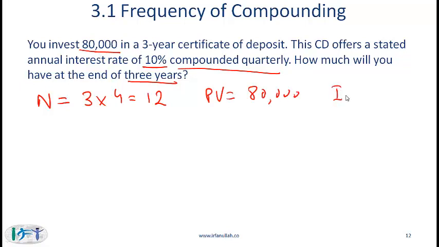What about the interest rate? If we are using 12 periods, then we need to look at the interest rate for each period. The stated annual rate is 10%, which means that the interest rate per period must be 10 over 4, which is 2.5. The payments here are 0.